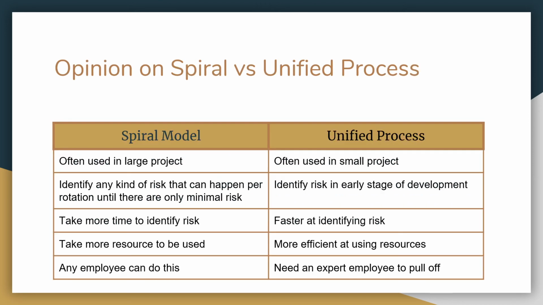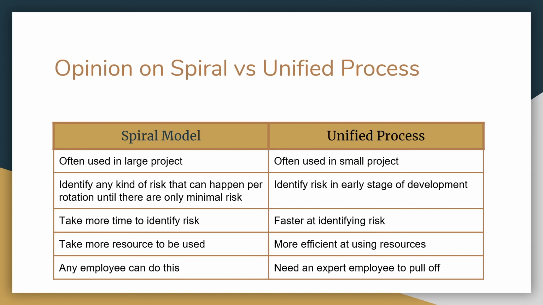This is our opinion on spiral versus unified process. While spiral model is often used in larger project, unified process is usually used in a smaller project. Spiral model also identifies any kind of risk that can happen in its rotation until there are only minimal risks. While on the unified process, risk is identified in early stage of development.